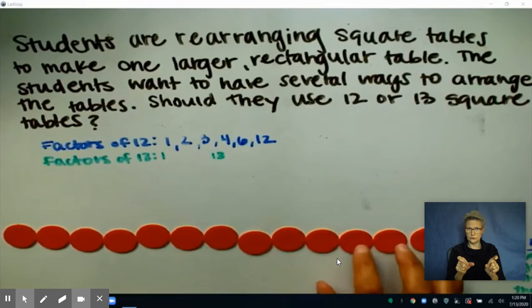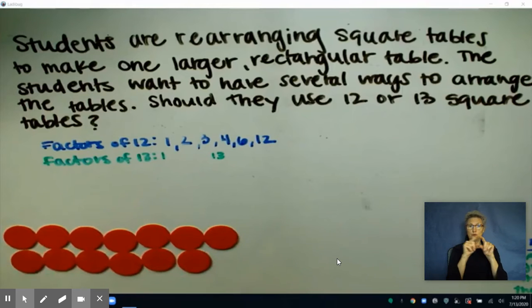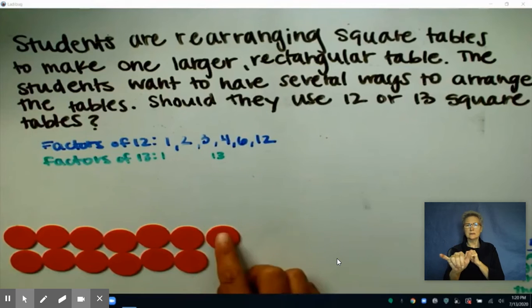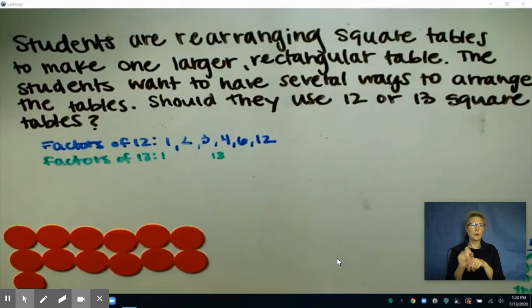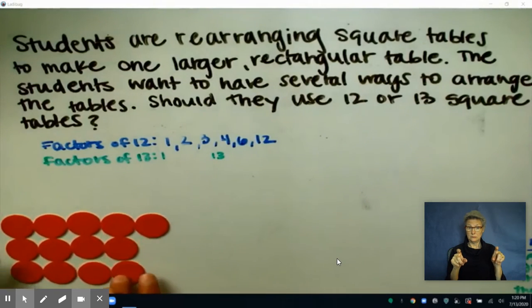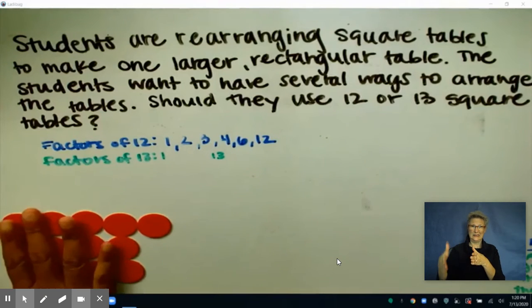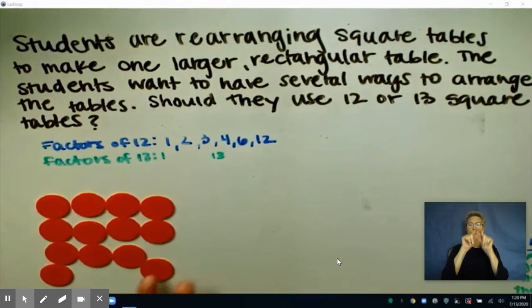Now I'm going to see if I can split it in half and make 2 rows, and I'm not able to do that because I've got 1 extra desk hanging off, and they want a rectangular shape, so that's not going to work. Maybe I could try 3 rows. And again, I've got an extra 1 hanging off at the end here. Well, let's try 4 rows and see what happens.